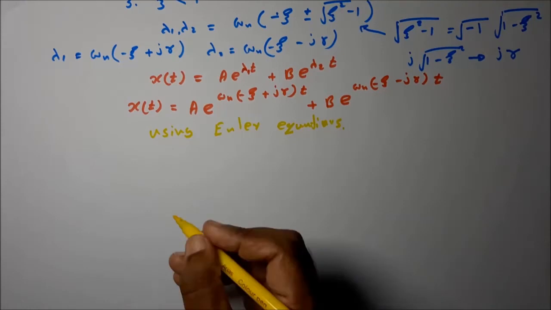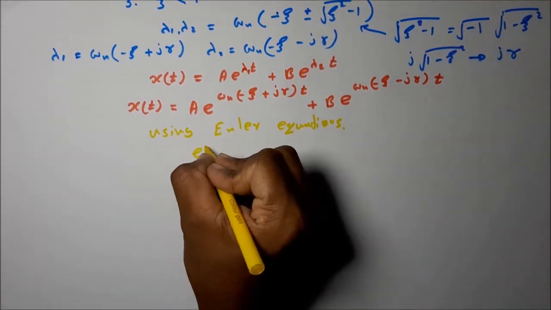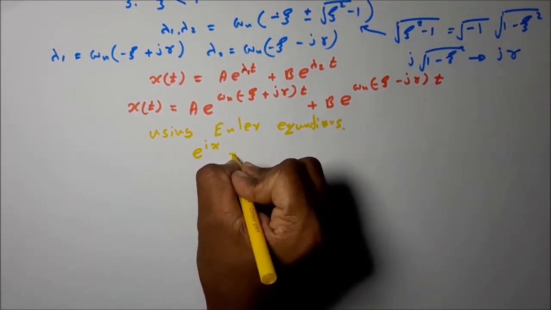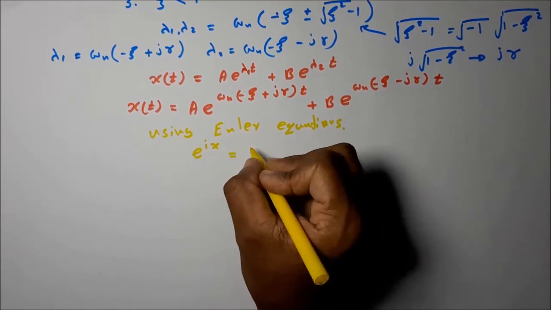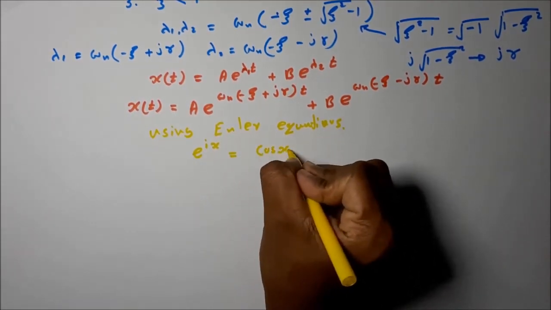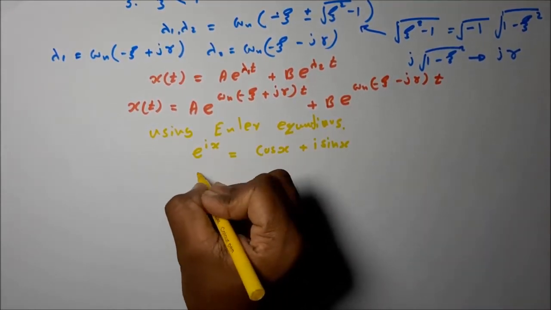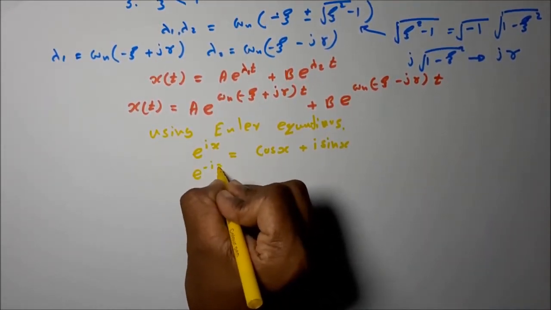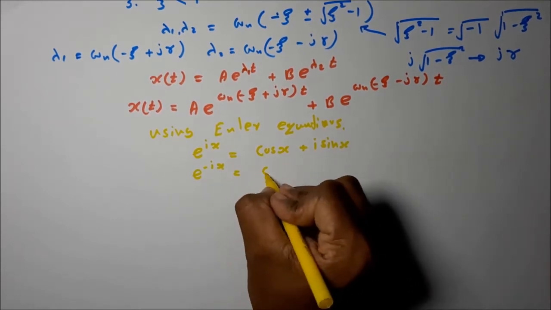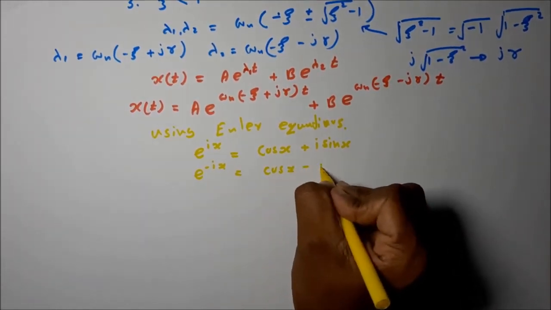The exponential functions we can write using the trigonometric functions. e^(ix) we can write as cos x plus i sin x. e^(minus ix) is equal to cos x minus i sin x.